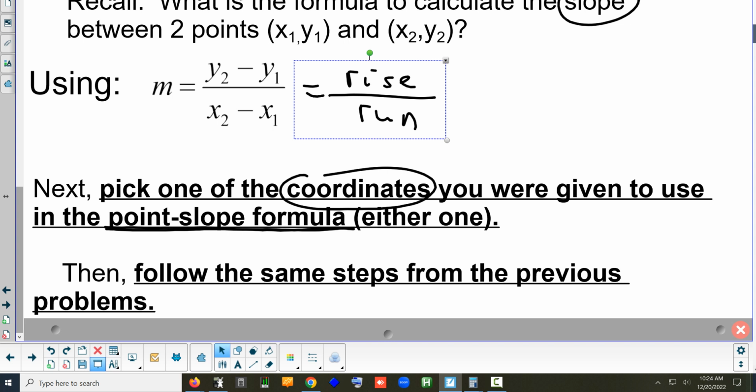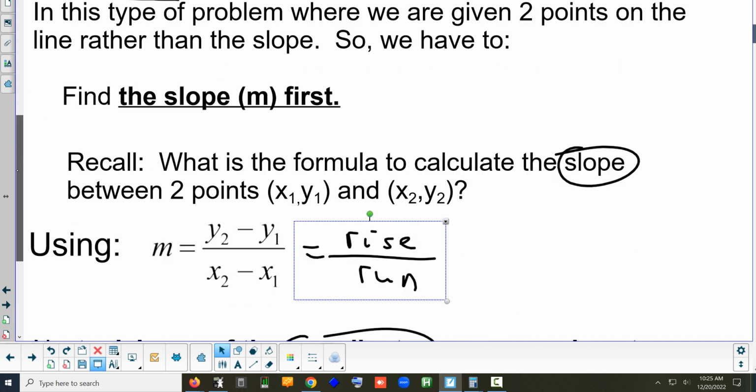I'll give people a second to copy that, and then we'll go back up and finish that up. Okay, let's go back up.